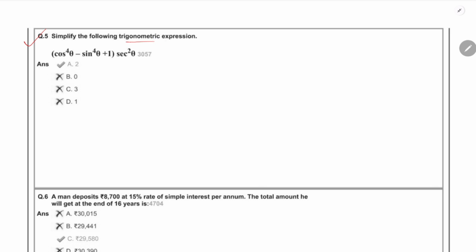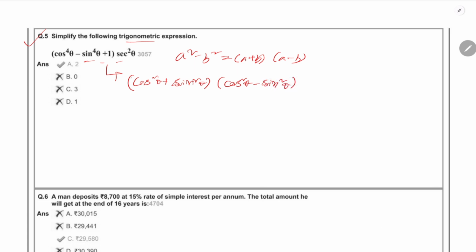In question number 5, simplify the following trigonometric expression: cos to the power 4 theta minus sin to the power 4 theta plus 1 by sec square theta. We can treat this as a square minus b square, which is equal to a plus b into a minus b. So cos square theta plus sin square theta, into cos square theta minus sin square theta, second bracket, plus 1 by sec square theta. Now this value is equal to 1, and on the other hand there is cos square minus sin square. We know that cos square theta plus sin square theta is 1.